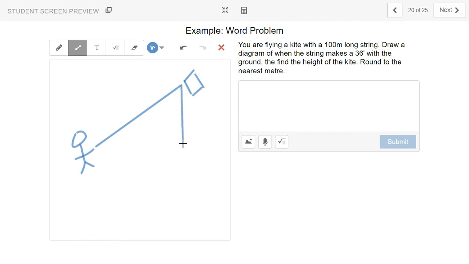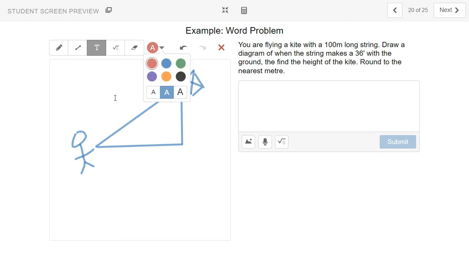We also know that if we dropped a perpendicular, we could create a triangle with it. Here's our kite. I know that the string of our kite is 100 meters long. And the string is making a 36-degree angle with the ground.